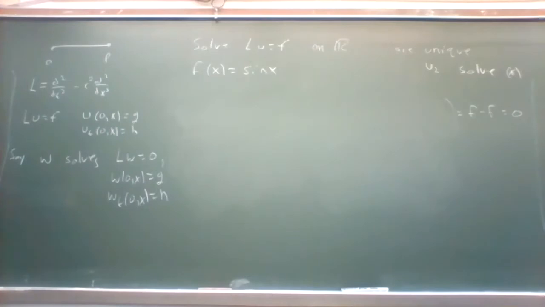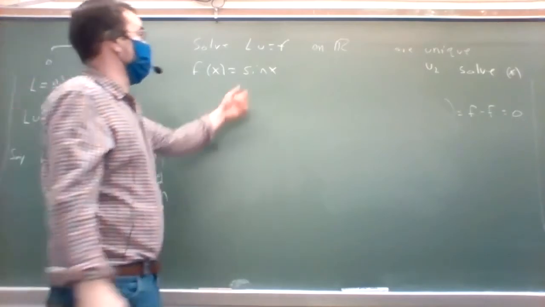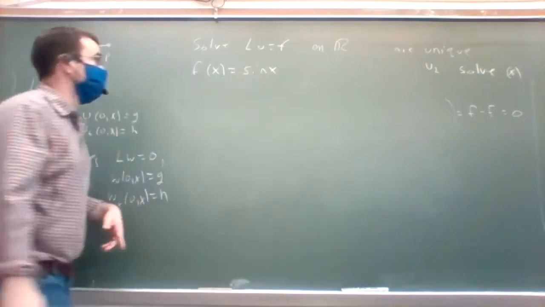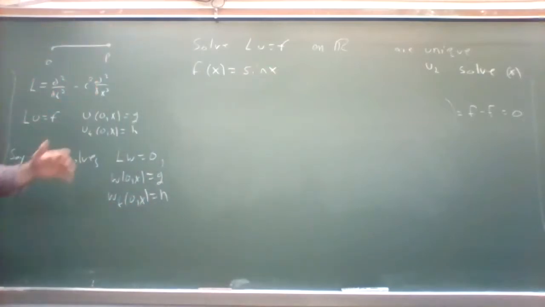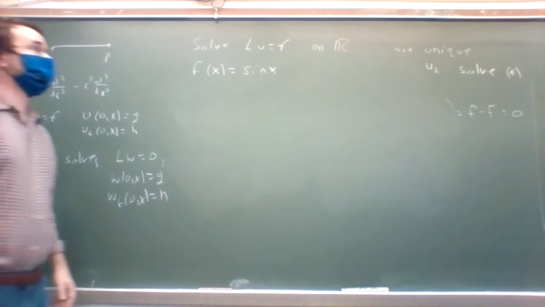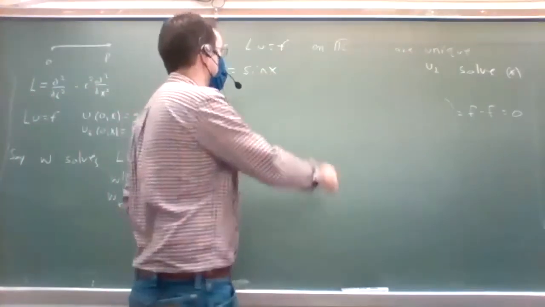So let us not worry about the finite string or taking an odd extension of the forcing function. It's already an odd function, so you could consider this from 0 to 1, and it's already extended, but let's just think of this as solving it on R.